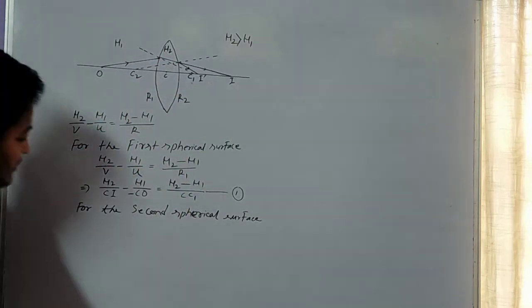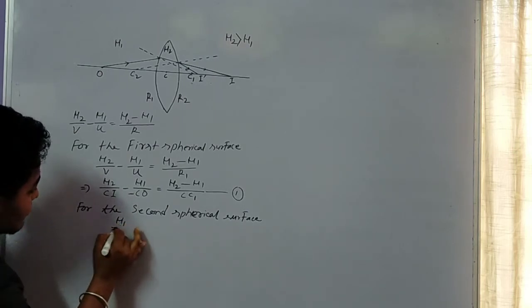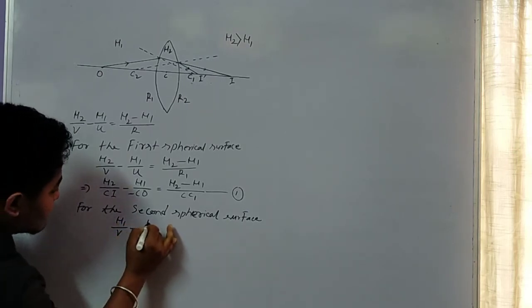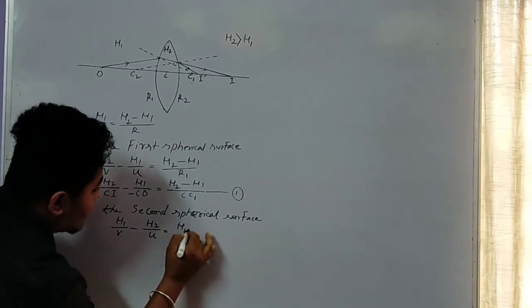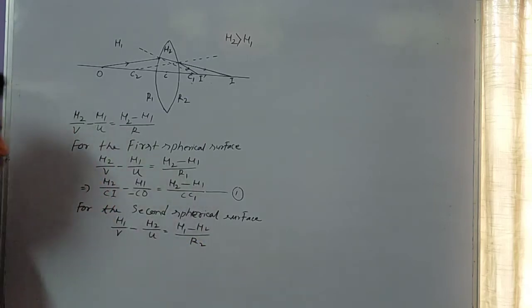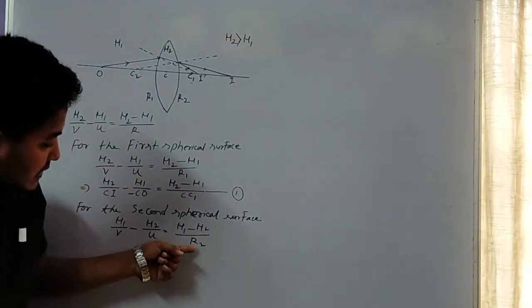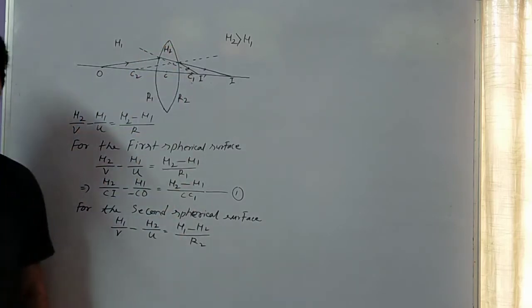That means we will write the formula for the second spherical surface as mu1 by v minus mu2 by u is equal to mu1 minus mu2 by r2. What is this r2? r2 is the radius of curvature for the second spherical surface.